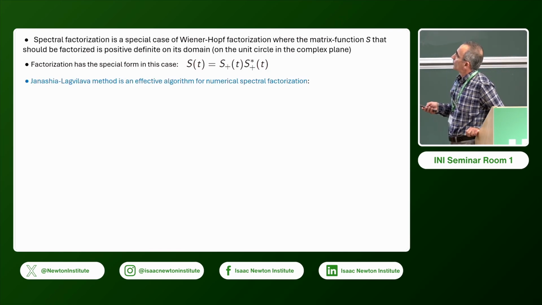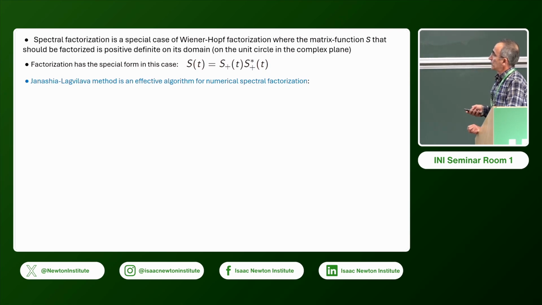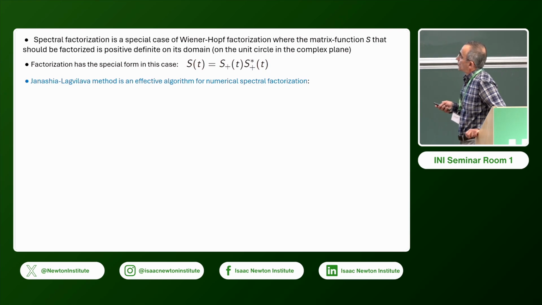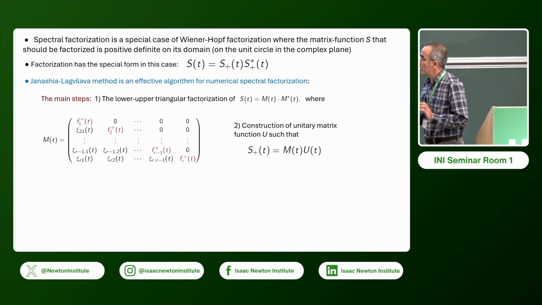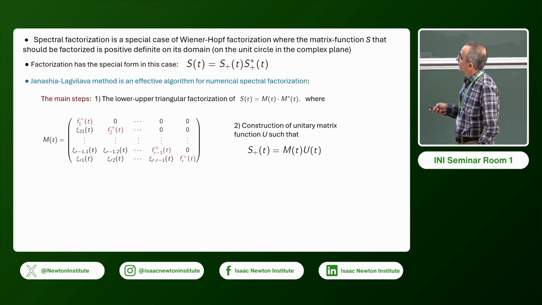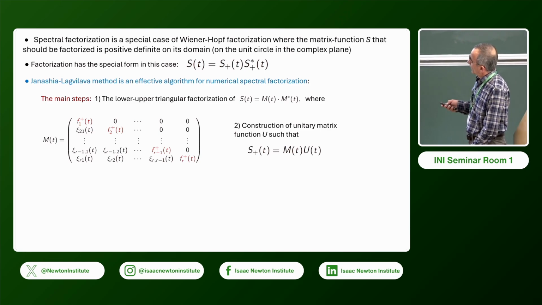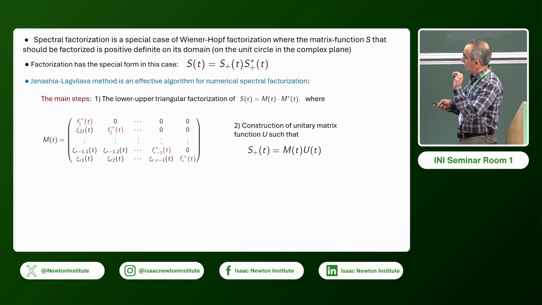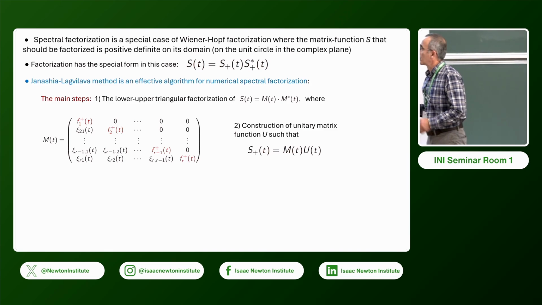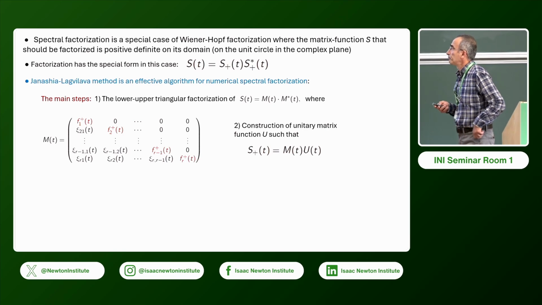I presented a relatively new method of such factorization at that time, which nowadays is called the Janashia-Laguilava method, and I will briefly describe it in a few words. The first step is the lower-upper triangular factorization of the given matrix, where the diagonal entries are spectral factors of scalar functions, and we assume that scalar functions can be relatively easily factorized, even numerically.